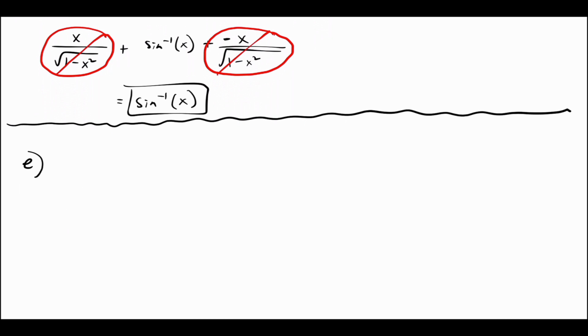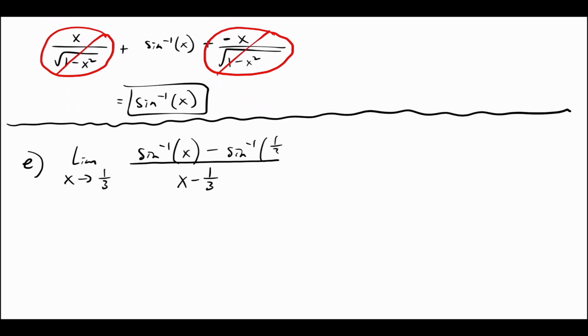So it was a limit problem, right? The limit as x approaches 1/3, and then it was x minus 1/3 on the bottom, right? And then what was it? Inverse sine of x minus inverse sine of 1/3. Thank you. Perfect.